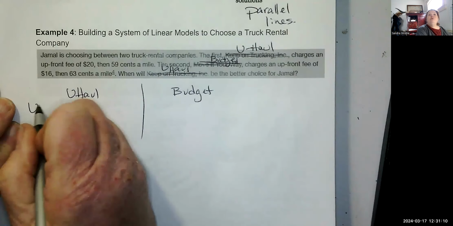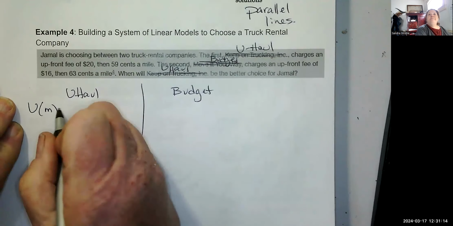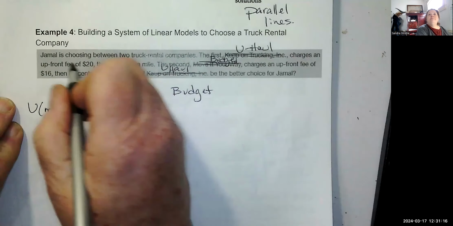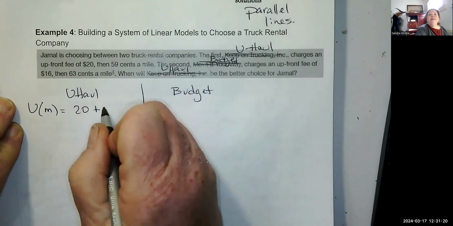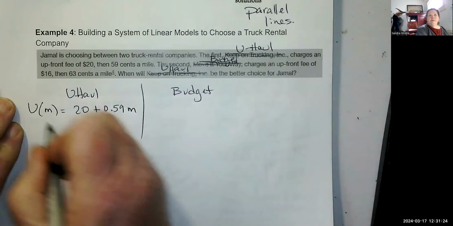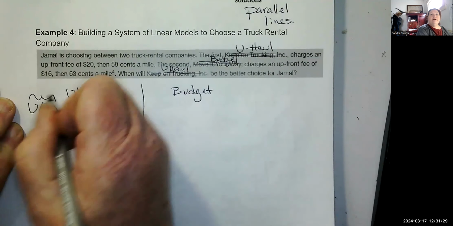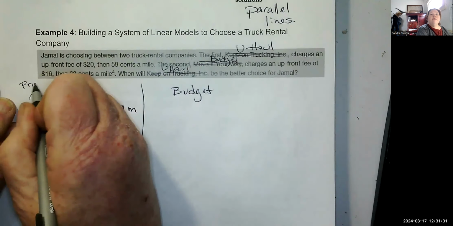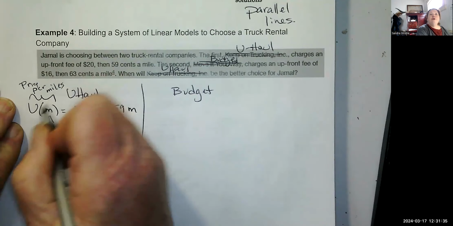So if we have U of M, because we're going to use M as miles, U-Haul has an upfront fee of $20 plus 59 cents, 0.59 per mile. M is miles, and U of M is price per miles for U-Haul.